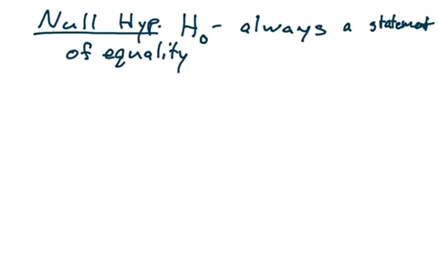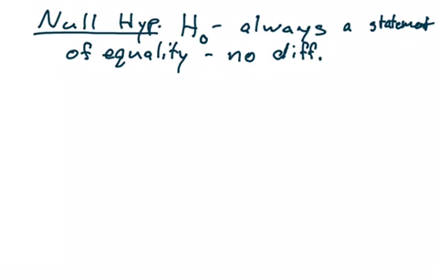Here we're saying there's no difference between our population parameter that we're thinking about and some other value, or that same parameter for some other population.